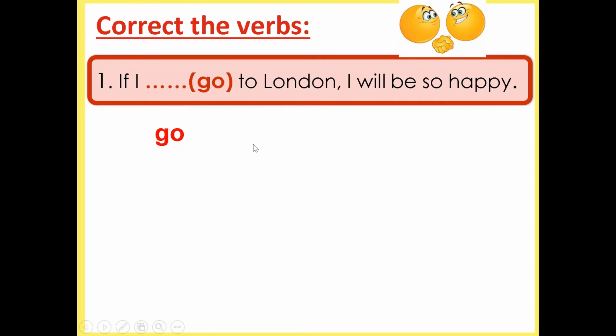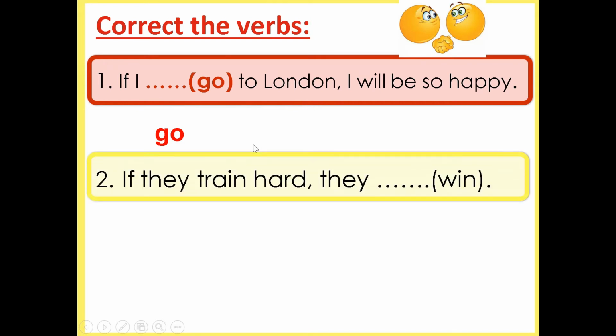This is the first sentence. The second sentence: if they train hard, they win. As you can remember, in the second part of the first conditional sentence, I should add will or won't for simple future. So here, the meaning plays the main role in understanding the best choice.